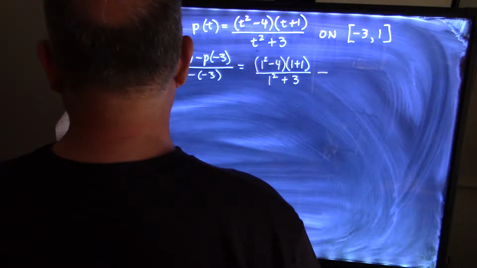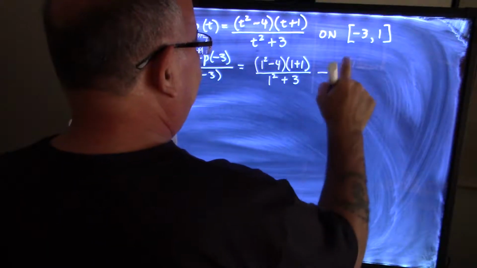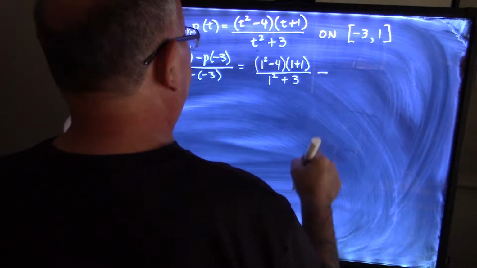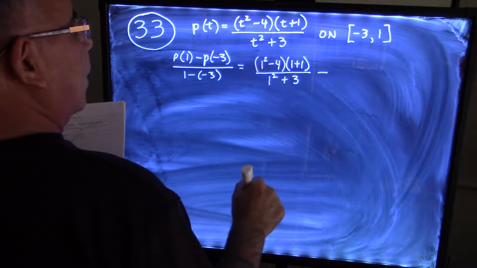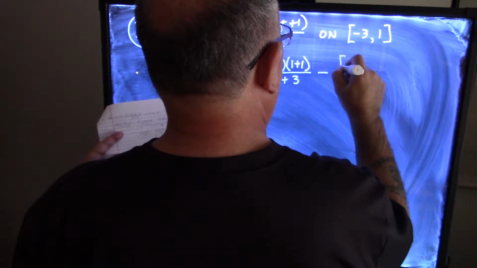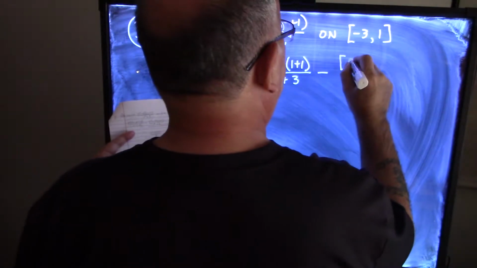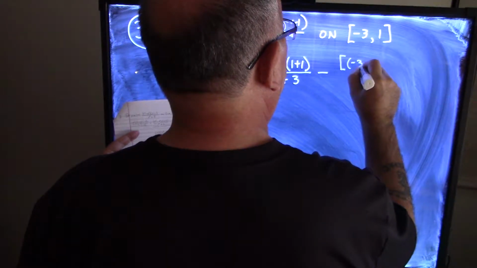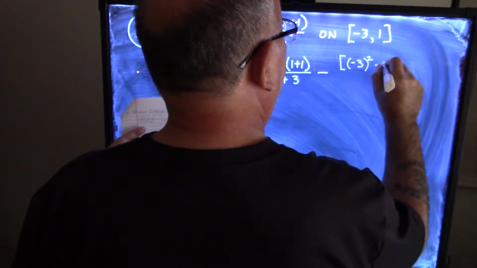Minus, okay, once again, what do we have here? We evaluate at t equals -3, the same function, so you've got a -3 here, here, and here. Alright, so let me use brackets. You're going to use a -3 and square that, minus 4.